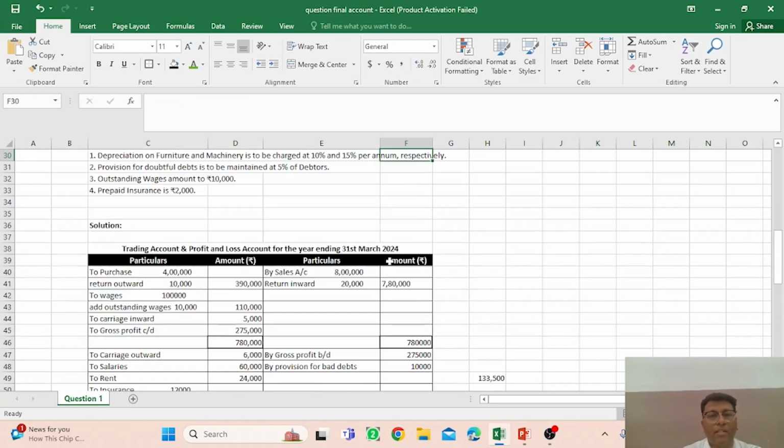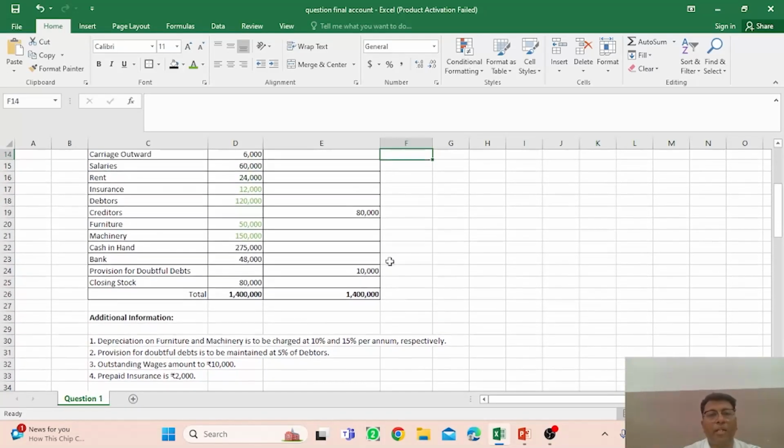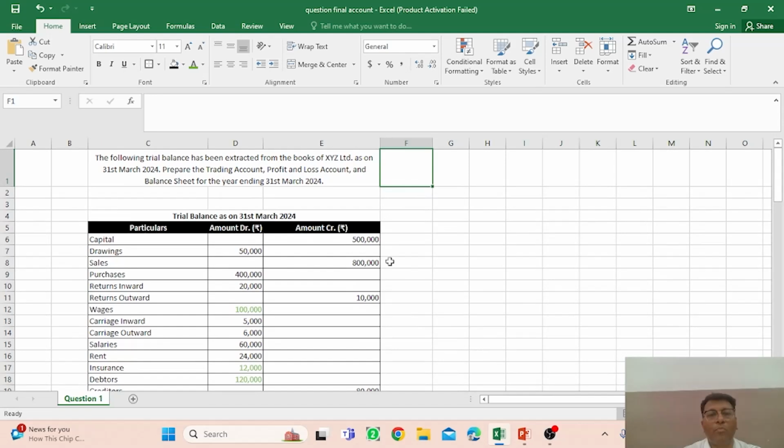So I think this is enough for the day. In the next session, I would be covering a new question of final accounts with more adjustments, and we have to focus on the adjustment also. One by one, we would be focusing on each and every adjustment, because the adjustment plays a very vital role while preparing the financial statement.